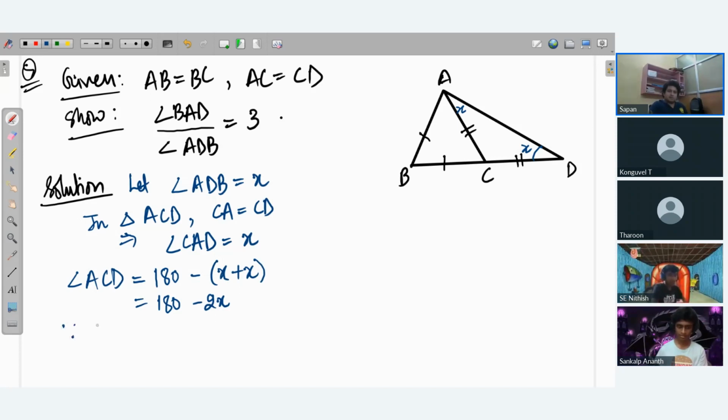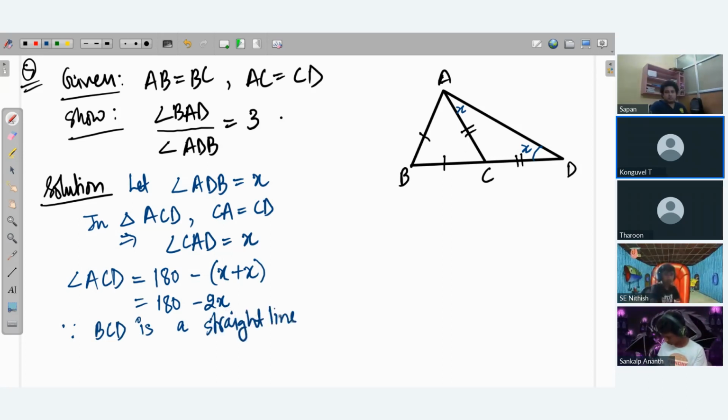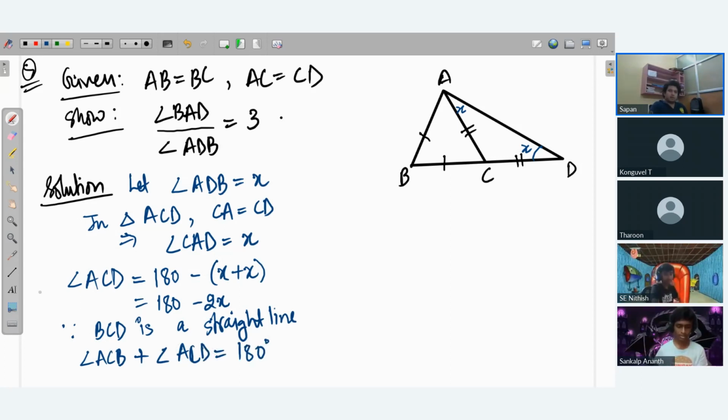Now, since BCD is a straight line, both angles will add up to 180. Angle ACB plus angle ACD must be 180 degrees. So what will be angle ACB?